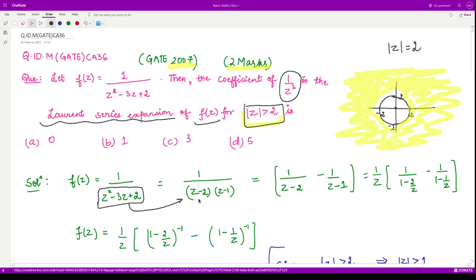You will have the factors z minus 2 and z minus 1, and then you can apply partial fractions onto this function. When you simplify this, you will have z minus 1 minus z plus 2, so this z and z cancel. You will be left with 1 upon z minus 2 into z minus 1. So this is the partial fraction of this term.